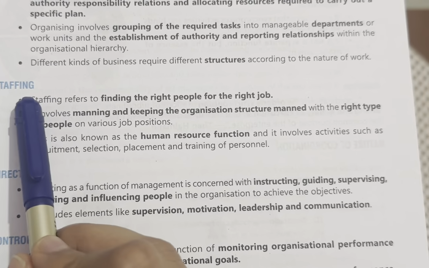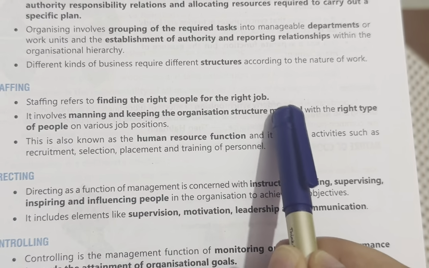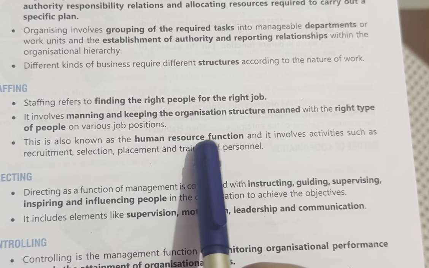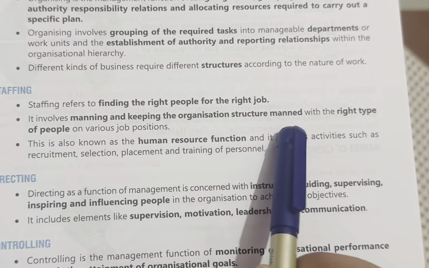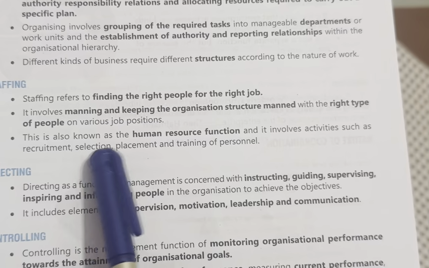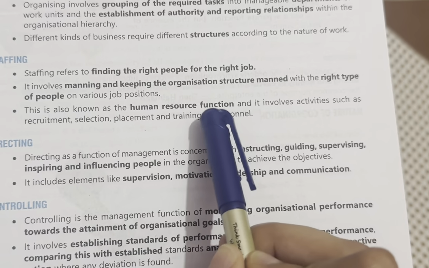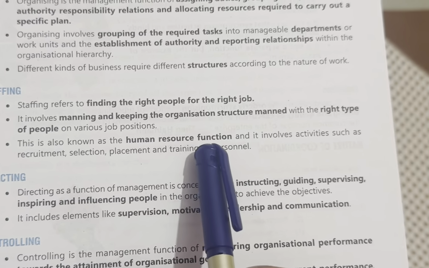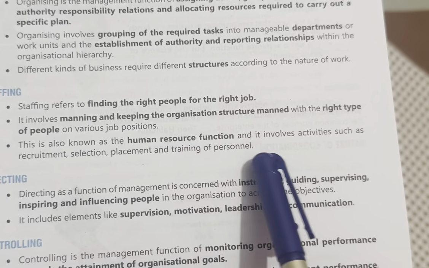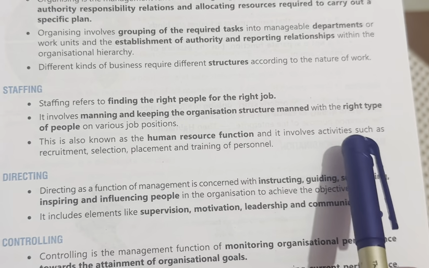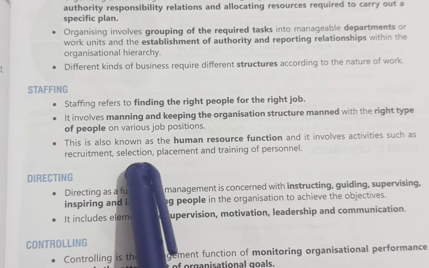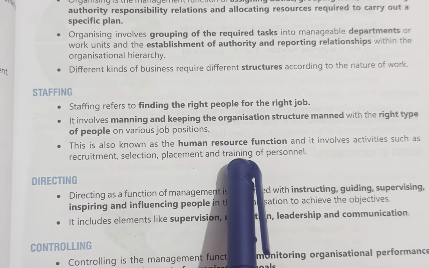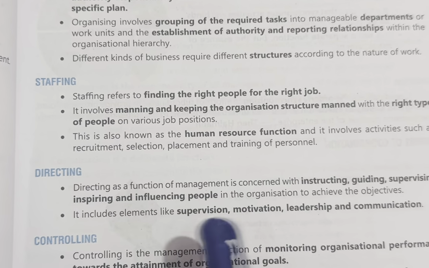So here staffing involves keeping the organization structure maintained, means to put the right person on the right job. This is also known as human resource function, as it deals with people, as it recruits people, and it involves activities such as recruitment, selection, placement, training of personnel, etc.